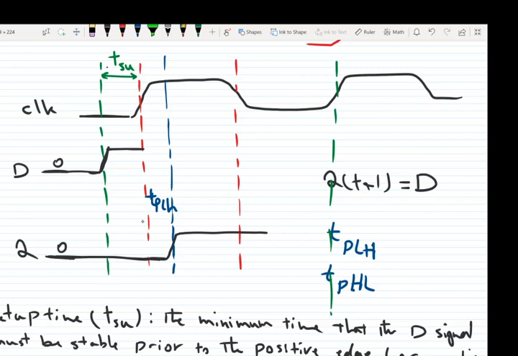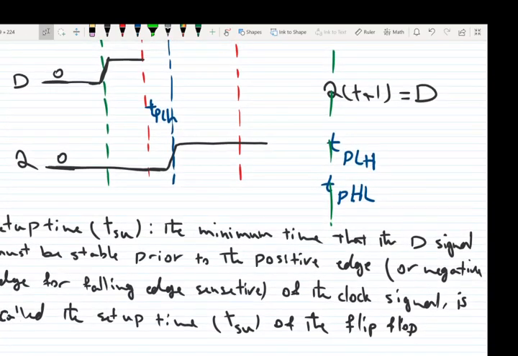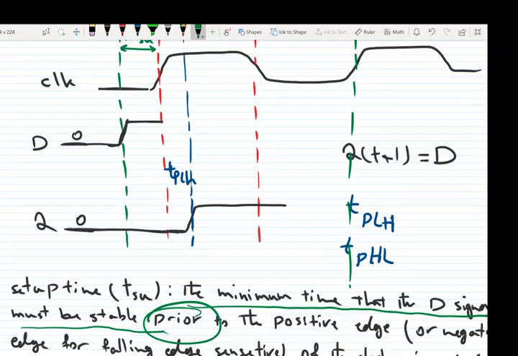So we had setup time, we have propagation delay, and we have something called hold time. What is hold time? Hold time is the minimum time that the D signal, the input, must remain stable after the positive edge of the clock signal. For setup time, we say the minimum time that the D signal must be stable prior to the positive edge, but hold time says the minimum time that the D signal must be stable after the positive edge.